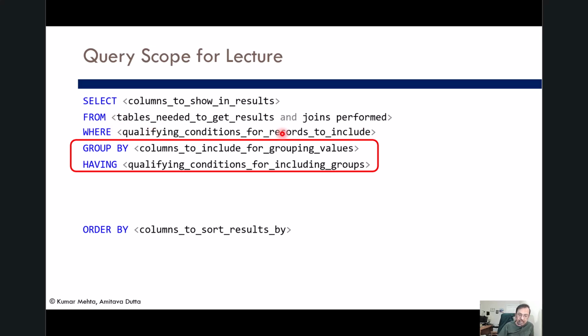Now the group by clause: after you write group by, you list the columns that will be used for grouping, and having specifies the conditions for including groups. Some of these details may not make sense right now until we actually see an example, but I just want you to have a high-level sense of the grammar that is going to follow. When we actually get into the examples, you will see what each of these details looks like. All right.